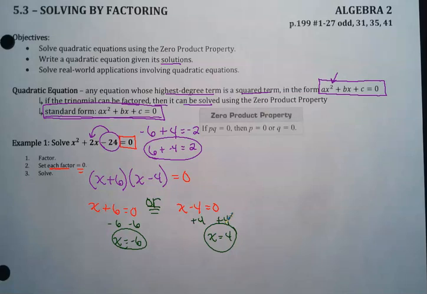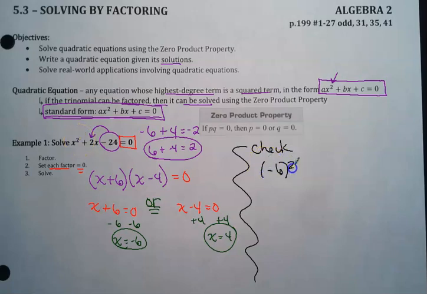Then if I want to check, we could put these in and check each of them. We could check when it was negative 6. We're going to plug those back into our original equation. So we'd have negative 6 squared plus 2 times negative 6 minus 24 should equal 0.